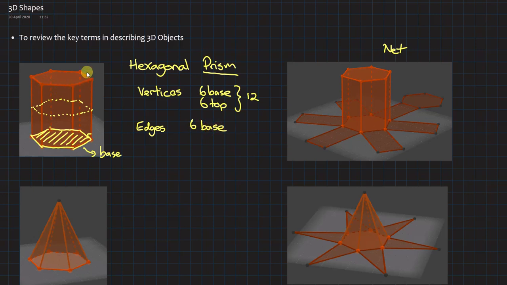At the top, 6 edges going round. And connecting each vertex to its partner, top and bottom, we have an edge. So we have an edge for every vertex in the base. That means there are 6 along the sides. That's 18.